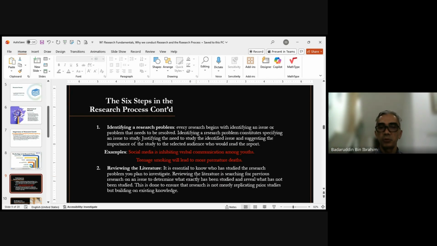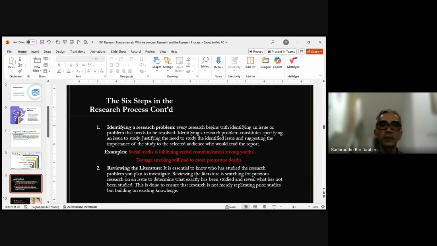This is important for you to study. That's why the second step, reviewing the literature, is crucial. You cannot touch only the surface of your topic. You need to go deep in your topic.